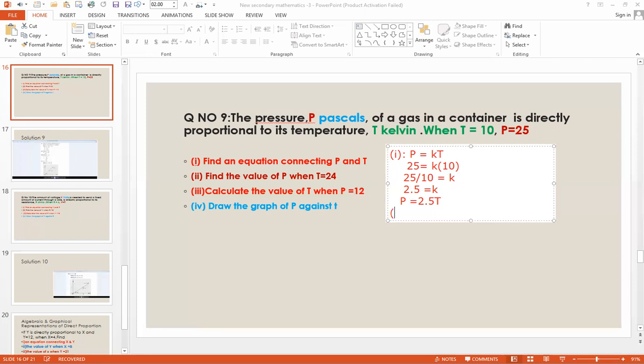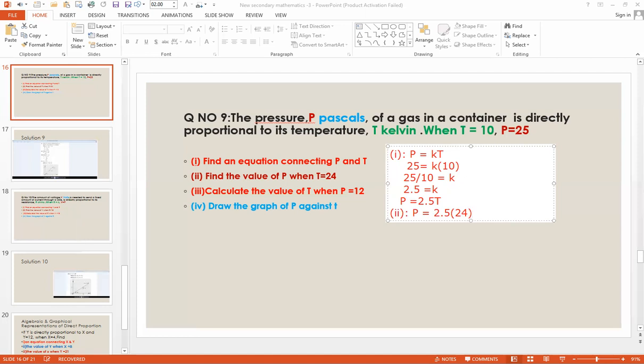Now we move towards the second part of the question. According to this question, beta, they are saying find the value of P when T is equal to 24. It's the value of P you have to find and the T value is given. Simply you have to write this equation and substitute the value of T which is given in the question. Which value is given in the question for T? That is 24. Is it clear?